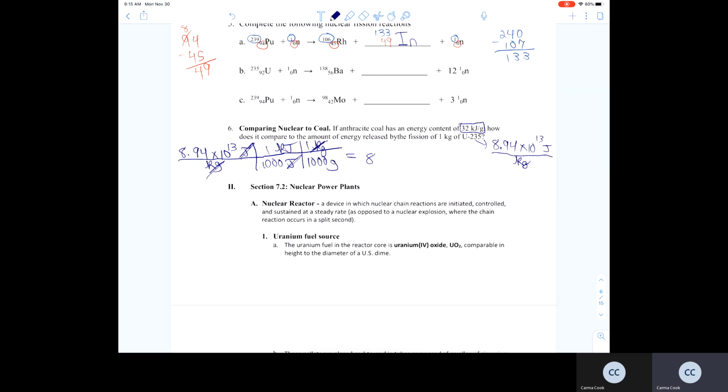And that gives us 8.94 times 10 to the 7th kilojoules per gram.